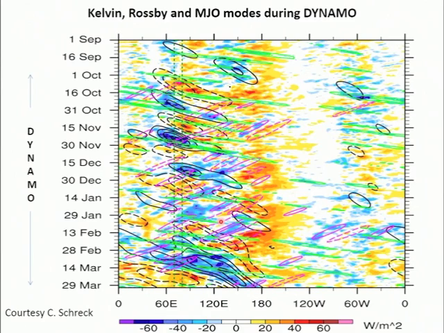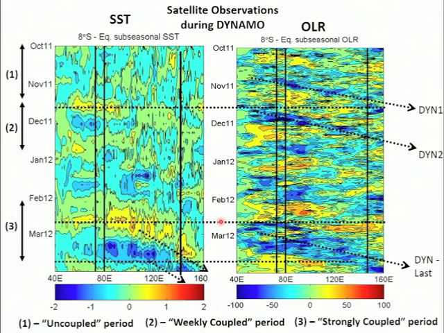Now, DYNAMO not only observed this multitude of events, but also events with different qualitative characteristics, as I show here. The right-hand side panel shows a Hovmöller diagram of outgoing longwave radiation, averaged from 8 south to the equator, as a function of time and longitude, where you can see very clearly the MJO events that I was just describing, with the last one, the very strong last one, that occurred in February, March 2012.